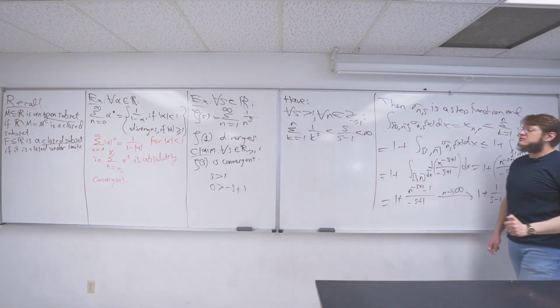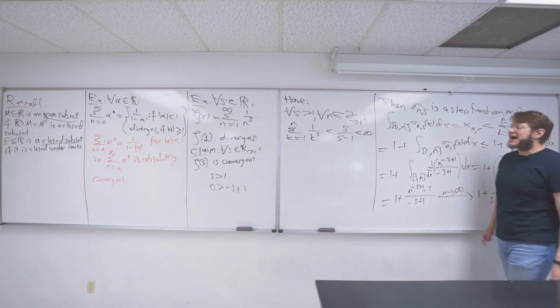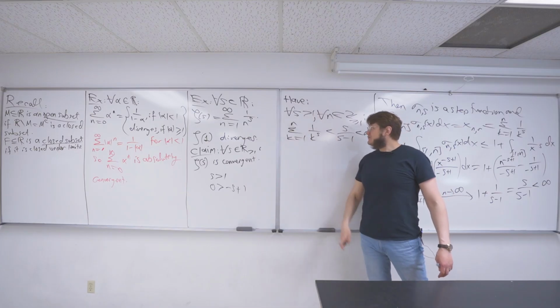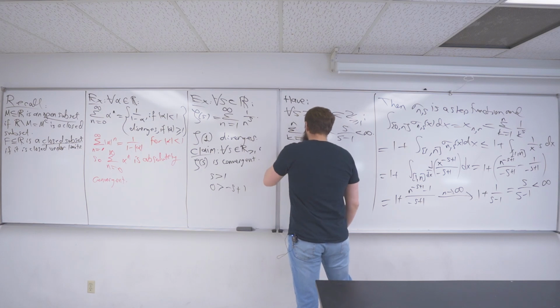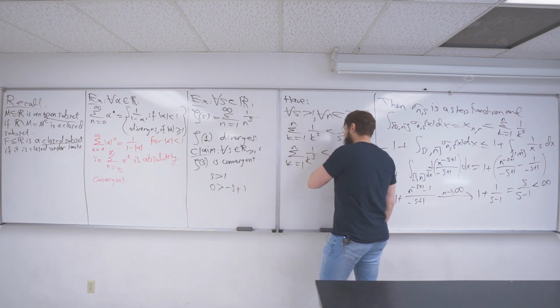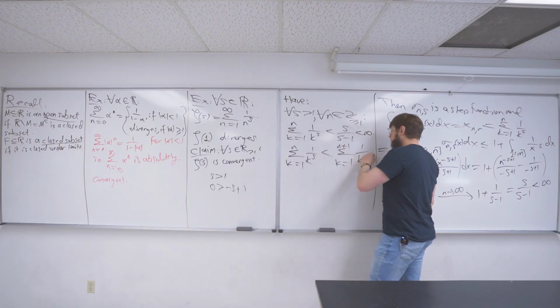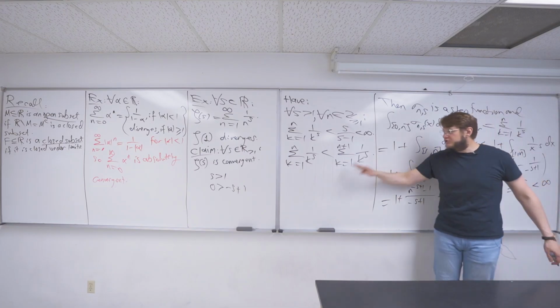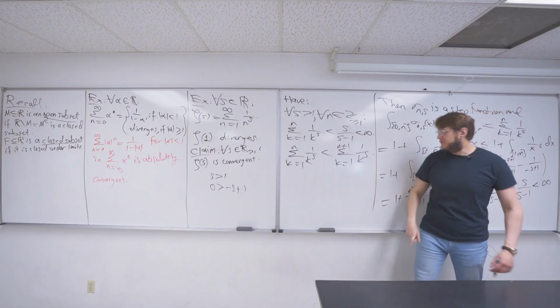And furthermore, since each of the terms that I'm adding up is positive in this case, or more generally non-negative, I know that this sequence in n is non-decreasing. Okay. So by the monotone convergence theorem, I know that this converges to its sup. And that sup has to be upper bounded by this.